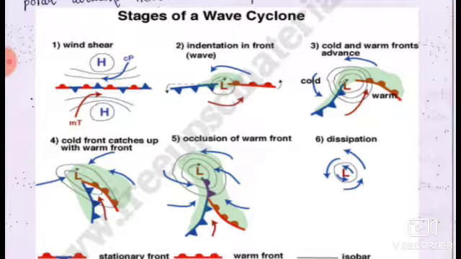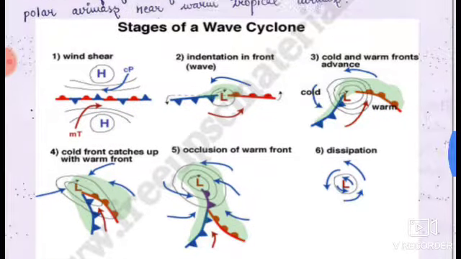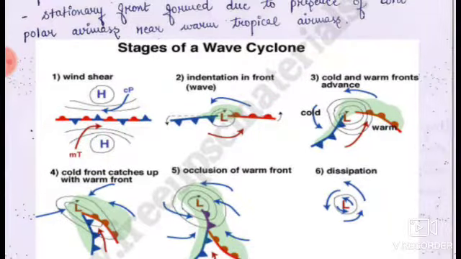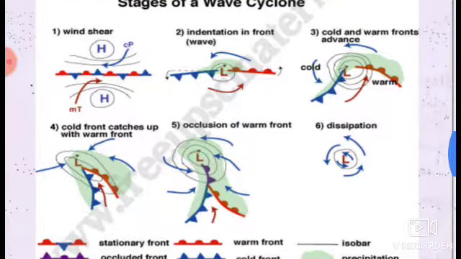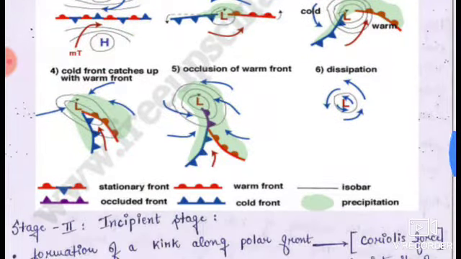One is wind shear, with high pressure on two sides, cold, and the third is cold and warm fronts advance. Mainly cold air and warm air at the upper front, low pressure forms in the middle, and the cold front catches up. Four is the cold front catches up with the warm front, a low pressure region, and you can see the cold and warm front.